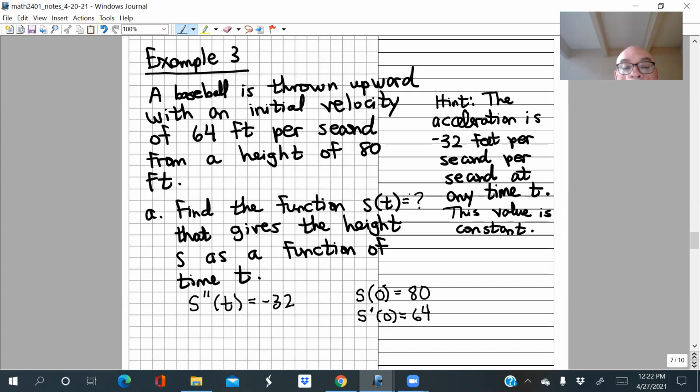So what I have to do is work backwards from the second derivative to the original function. I know what s double prime of t is. I want to figure out what s of t is.